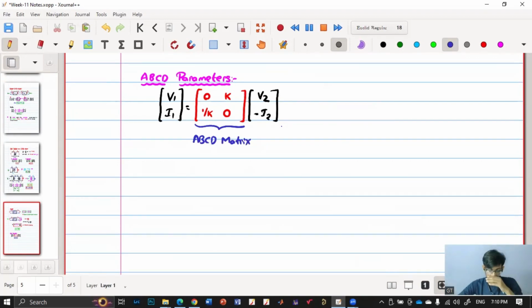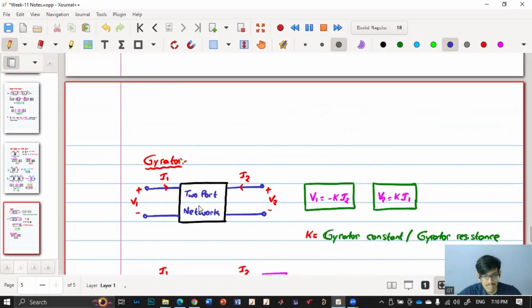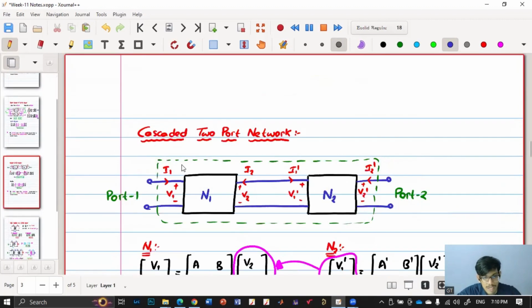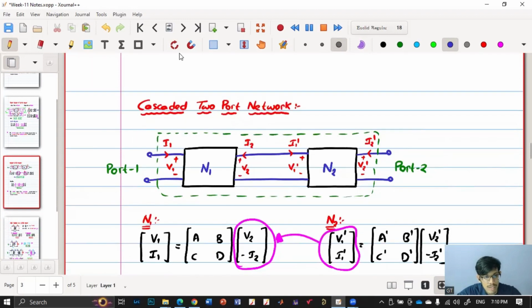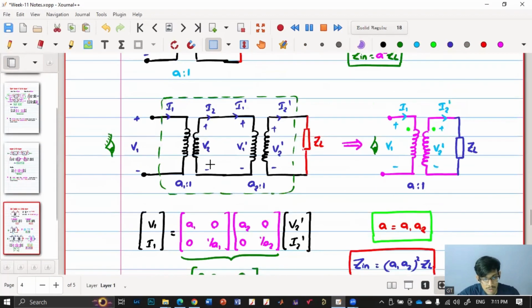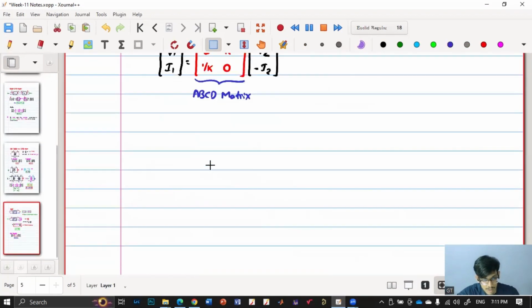Got it? Now, if I connect two such gyrator circuits in cascaded format, I can go back here and get this picture with two gyrators cascaded. Let me copy paste it here.